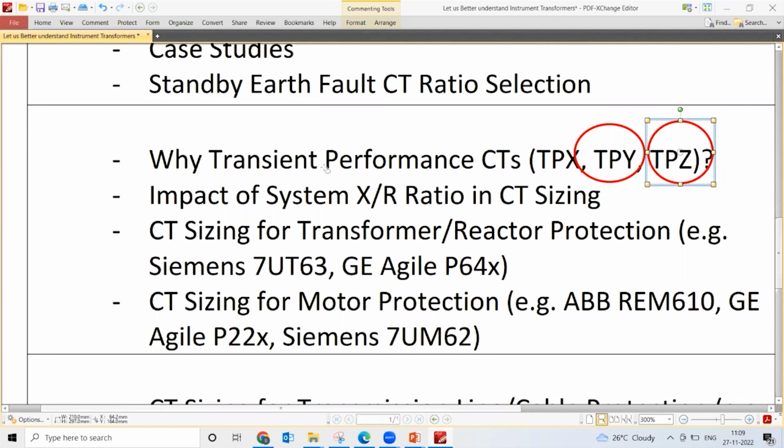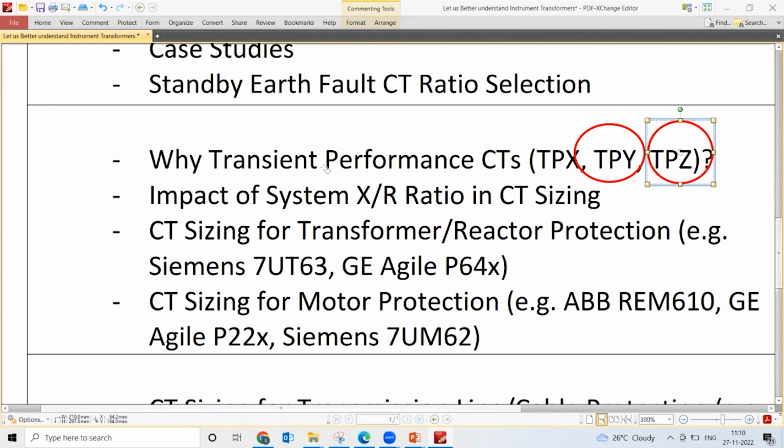But with the algorithms available in the relays, a distance relay or a differential relay is now capable enough to identify whether that's a fault or not in 3 milliseconds. In 3 milliseconds, you may not have finished 1 cycle of the fault current. And in the first 3 milliseconds, you will be having a predominant DC component. And if your X by R ratio is high, the DC component is extremely high.